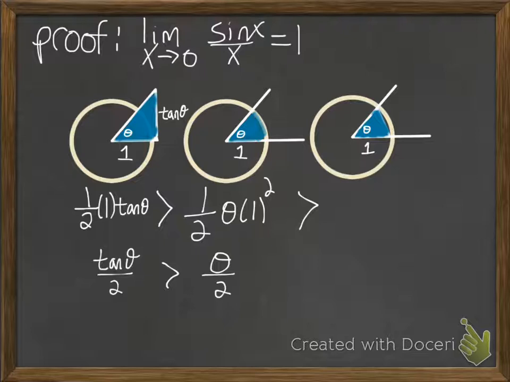So we now know that tangent theta over 2 is greater than theta over 2. And then finally, moving to this last guy, we recognize that we have a triangle. The base is 1. Well, what about the height? Well, if we drop the perpendicular, remember the other side's also 1.